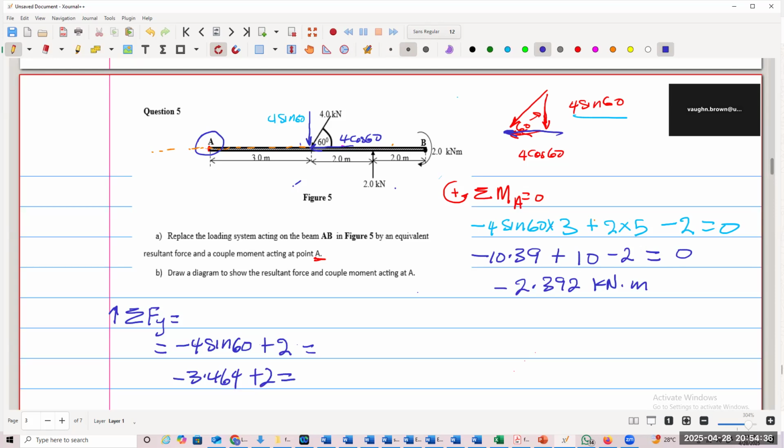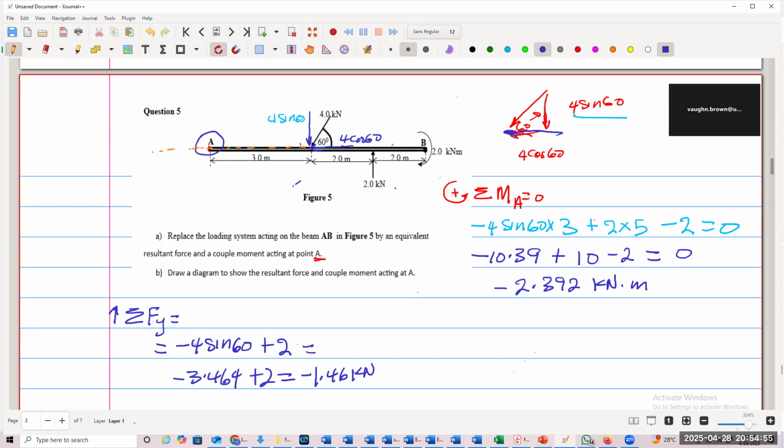So it's the difference between those, and you're getting something like minus 1.464. And this is in kilonewtons.